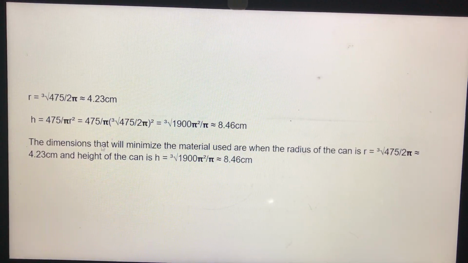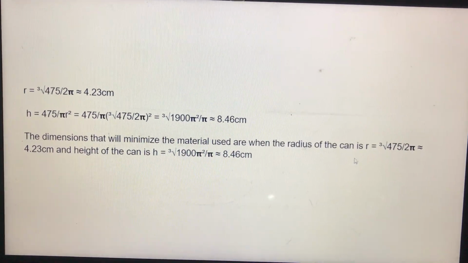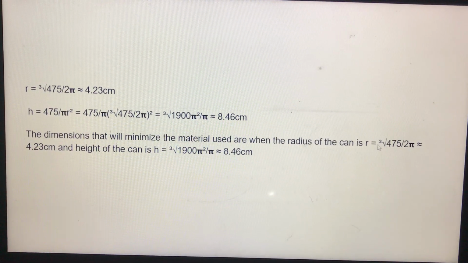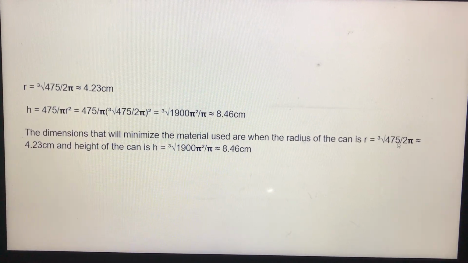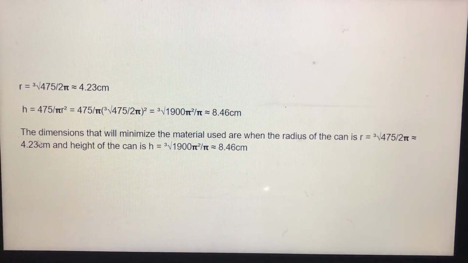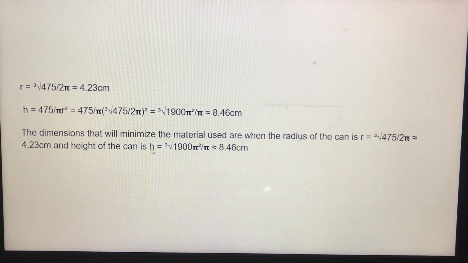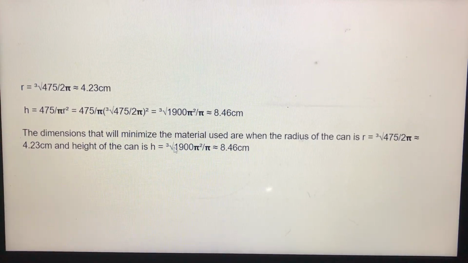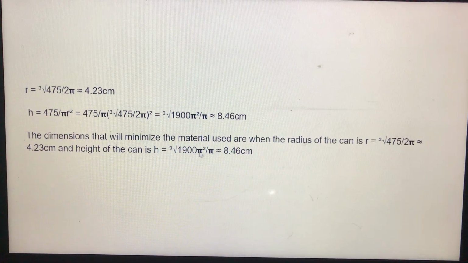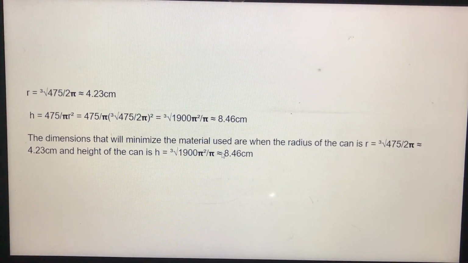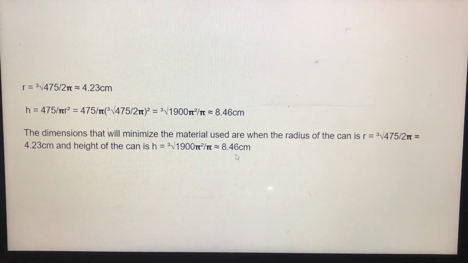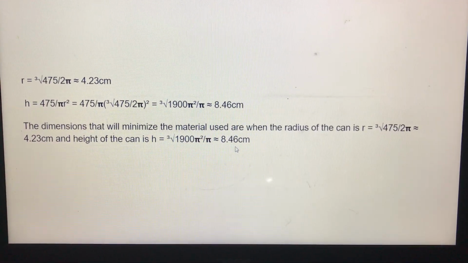The dimensions that will minimize the material used are when the radius of the can is r equal to the cube root of 475 over 2 pi, approximately 4.23 centimeters, and the height of the can is h equal to the cube root of 1900 pi squared over pi, approximately 8.46 centimeters. So that's all for the first question.